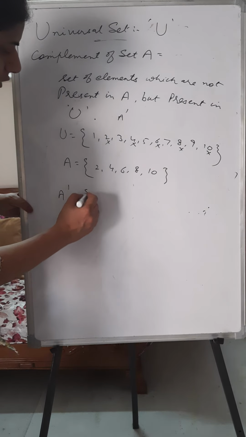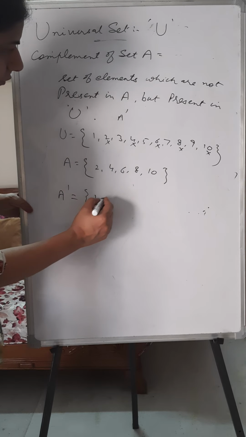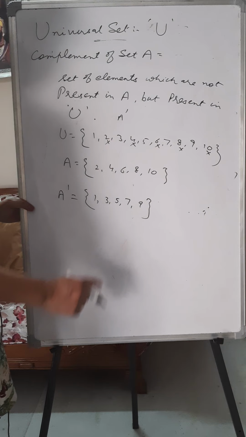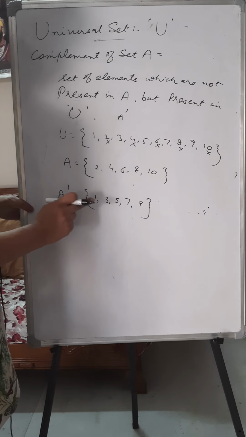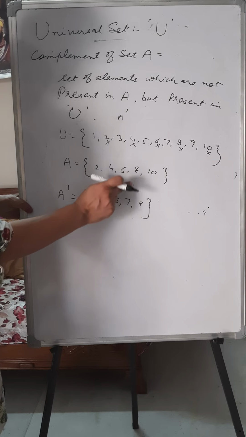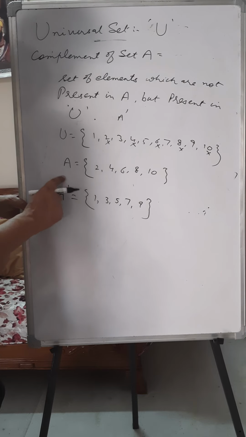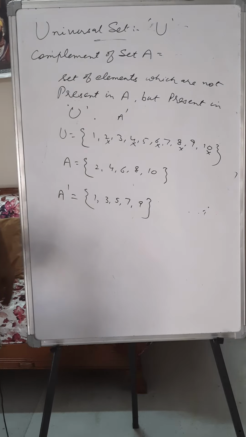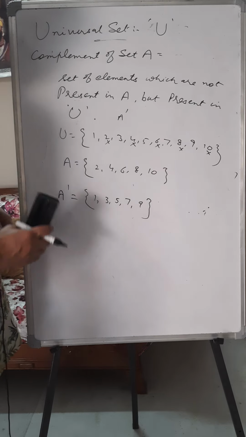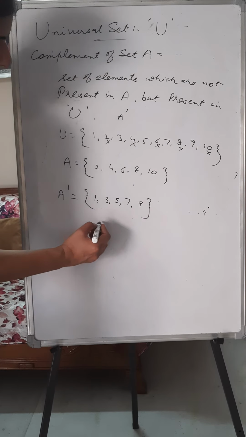A complement consists of the other numbers 1, 3, 5, 7 and 9. These are the elements which are not present in A. This is called A complement. I hope everything is clear.